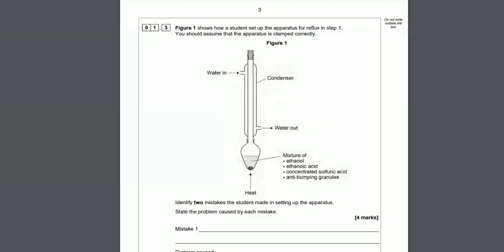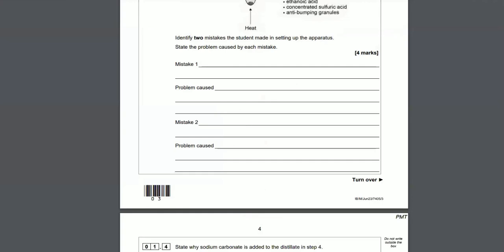We're going to say mistake, water enters from above. It should enter from below. So you want the water to come in at the bottom on these. It doesn't matter whether it's horizontal or vertical. The water should always enter from the low point.